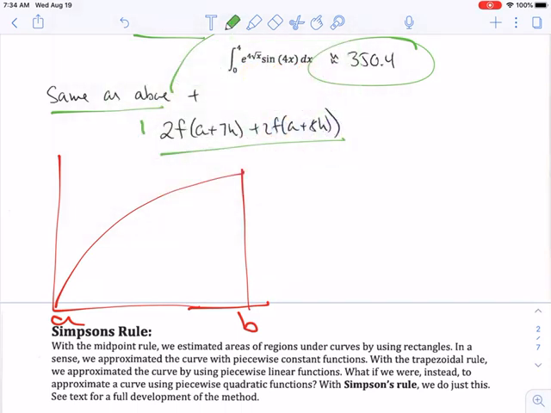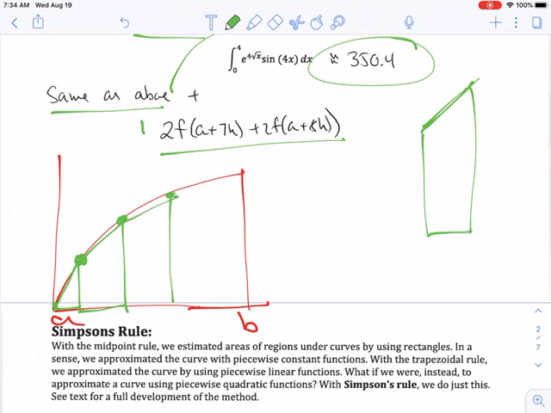Remember what a trapezoid is: it looks something like this, like a rectangle with one slanted edge. So we go from this point to this point, and instead of a rectangle we create a trapezoid. Then from here to here, we have a trapezoid, and from here to here, another trapezoid.